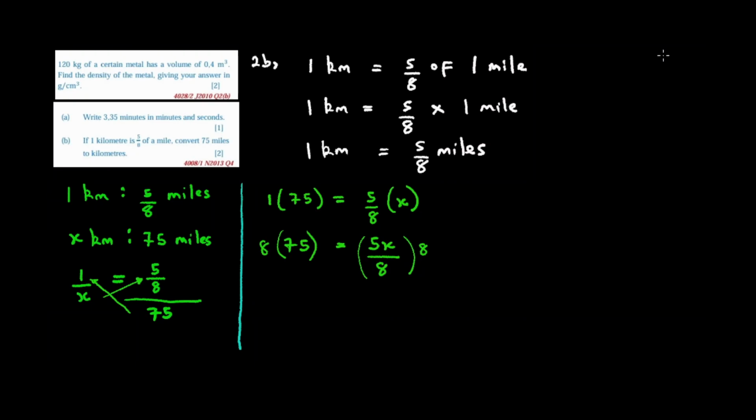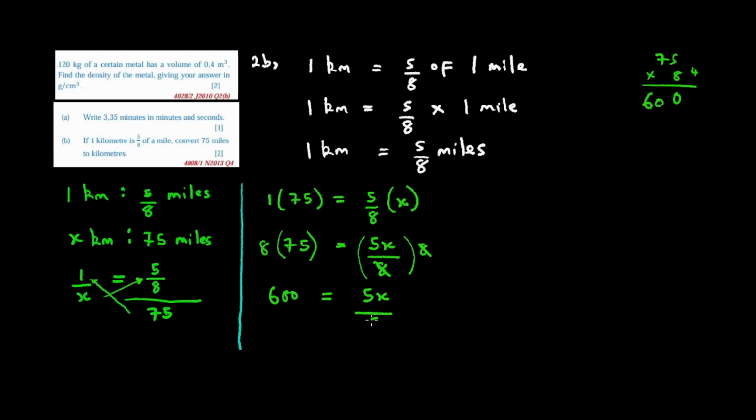I want to know what 75 times 8 is. 8 times 5 is 40. What is 8 times 7? It is 56. So 56 plus 4 is 60. So it is 600. So on this side we have 600 is equal to 8 times 5x/8, which is 5x.